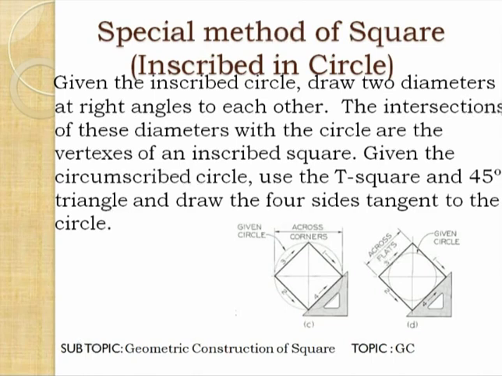Then you take the other vertices of the circle and draw the tangent line at 45 degrees. So we can draw all 4 lines which are tangent to the circle at 45 degrees to the horizontal line. So we can get the required square, which is circumscribing the given circle.